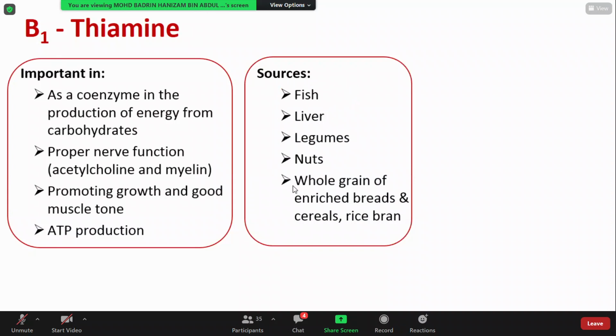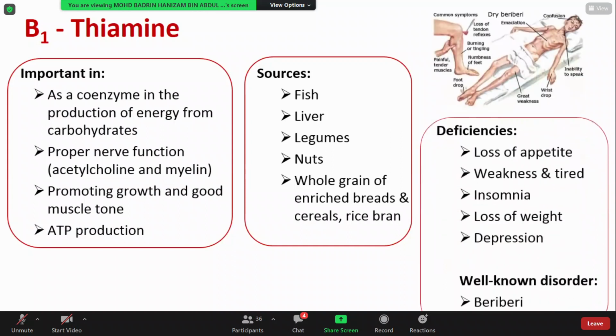Fish contain a high amount of B1, liver, legumes, nuts, whole grain or enriched bread, cereal, and rice bran. So all these types of foods contain a high amount of vitamin B1, not limited to this, but these are the foods that contain the most vitamin B1.